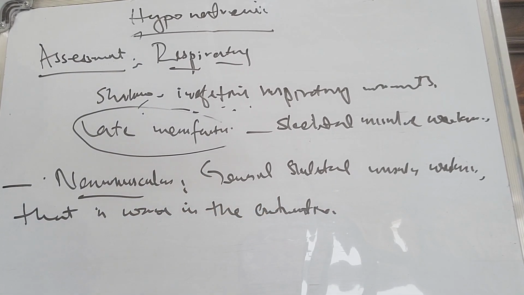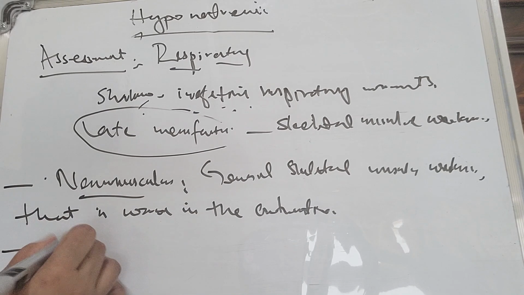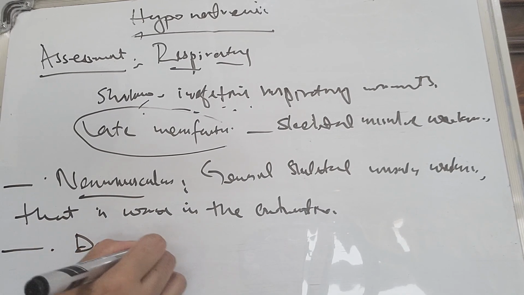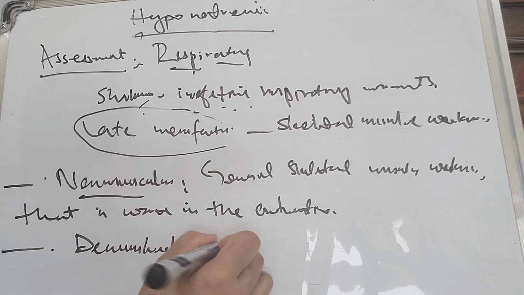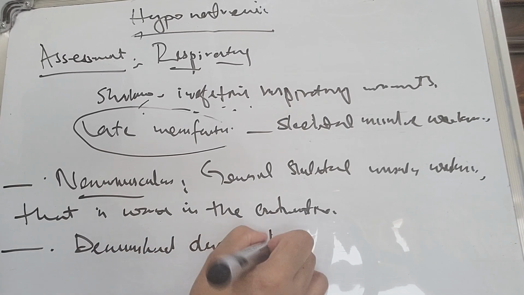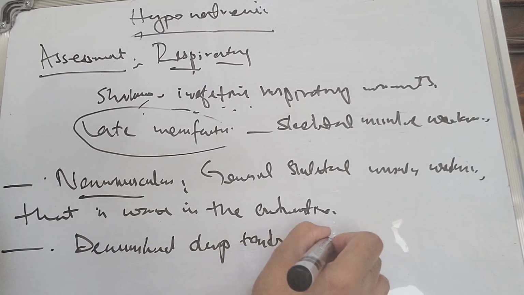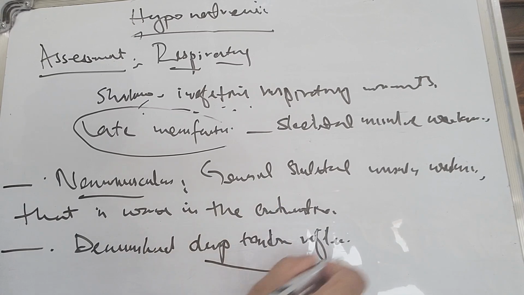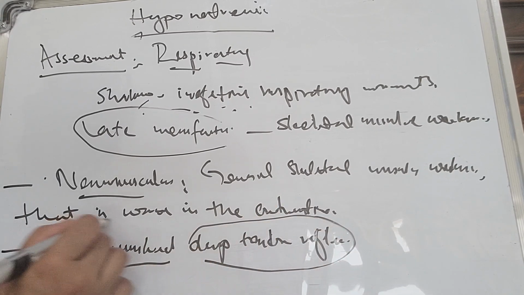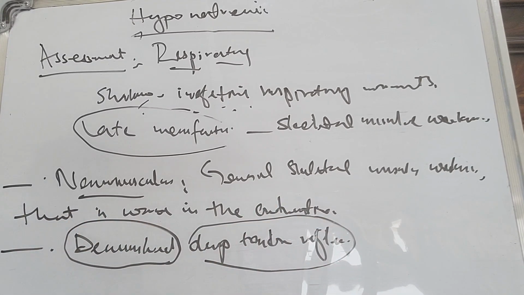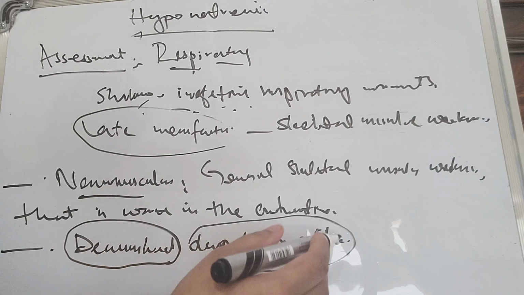Extremities mean the legs and the arms. Diminished deep tendon reflex. When the doctor checks the deep tendon reflex, it will be diminished. He cannot properly observe the deep tendon reflex.